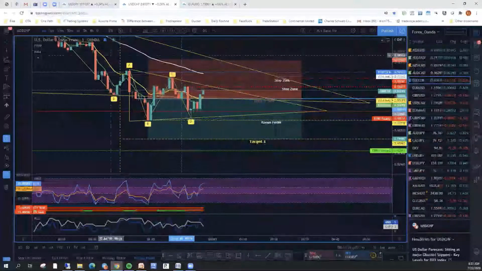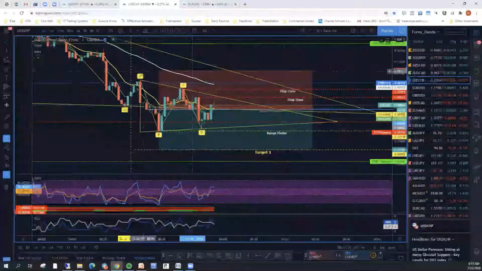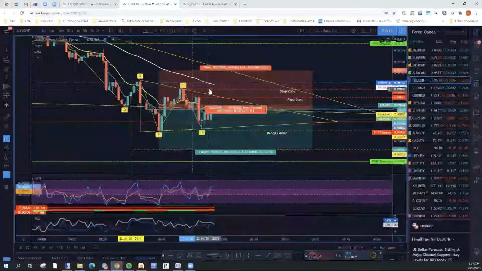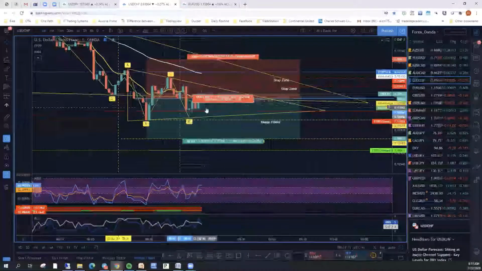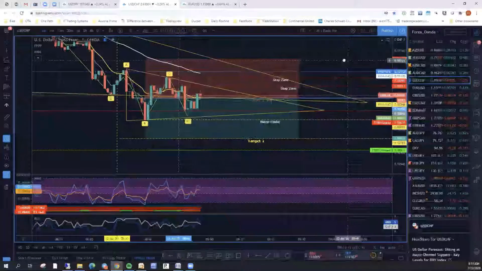And with it being such a steep wedge, which I usually don't draw quite that steep, I was still trying to work with this method of mitigating our losses and getting those entries without having to wait for it to break way far apart before you get into the trade.